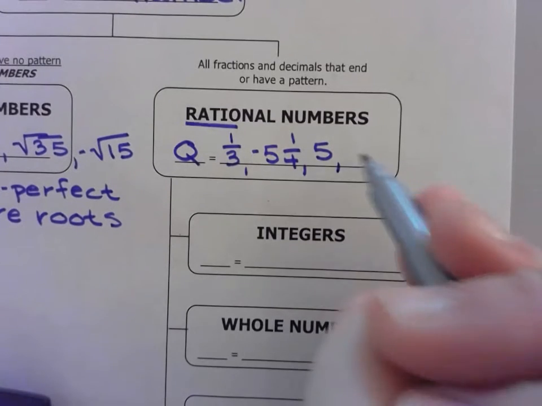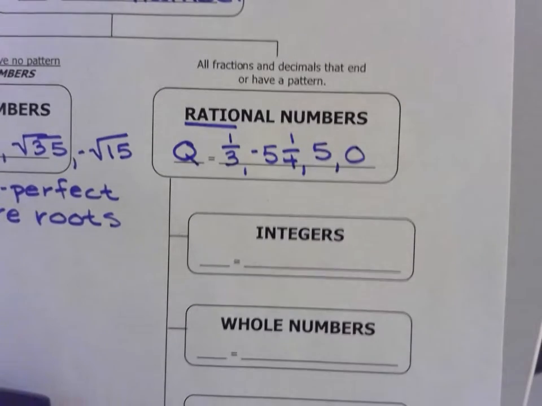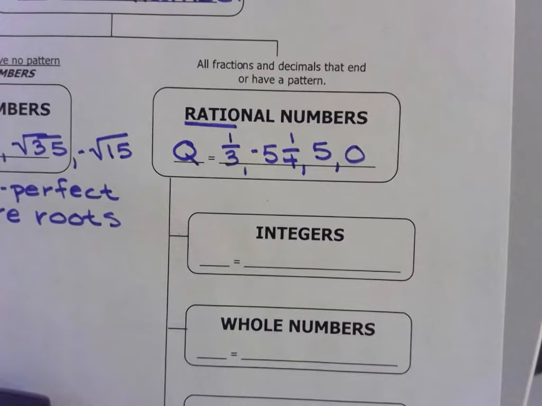How about 0? Can I write 0 as a fraction? Think about it. Will something divided by something give me 0? Yes, the answer is yes. How can I write 0 as a fraction? You can't divide by 0.